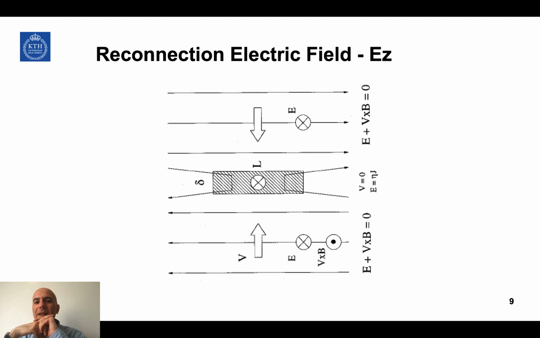And it also is very important when it comes to simulation, because it gives us the reconnection rate, right? By monitoring the value of the out of plane electric field in magnetic reconnection, we can estimate the reconnection electric field, so that we can estimate how fast the magnetic reconnection is.